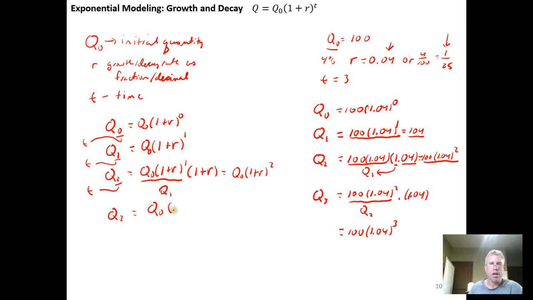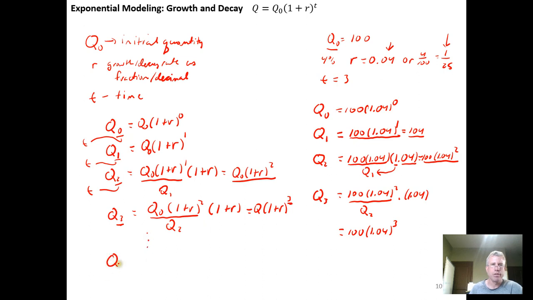you would take the Q naught times 1 plus r squared, that represented what you had the previous year, year 2, and you would multiply it by the growth rate again, which would just give you Q naught times 1 plus r cubed, and there's your time equals 3. And you'd continue this pattern.